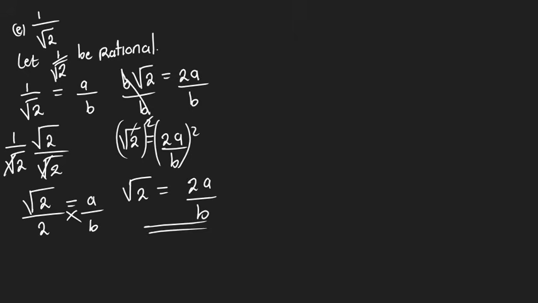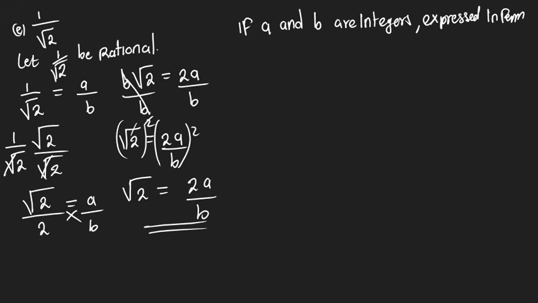There's no need to go any further from here. If A and B are integers expressed in the form A over B, then A and B are rational.